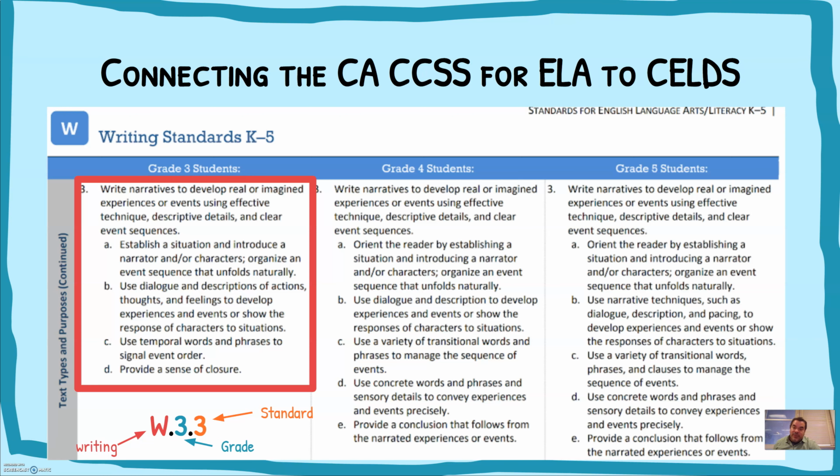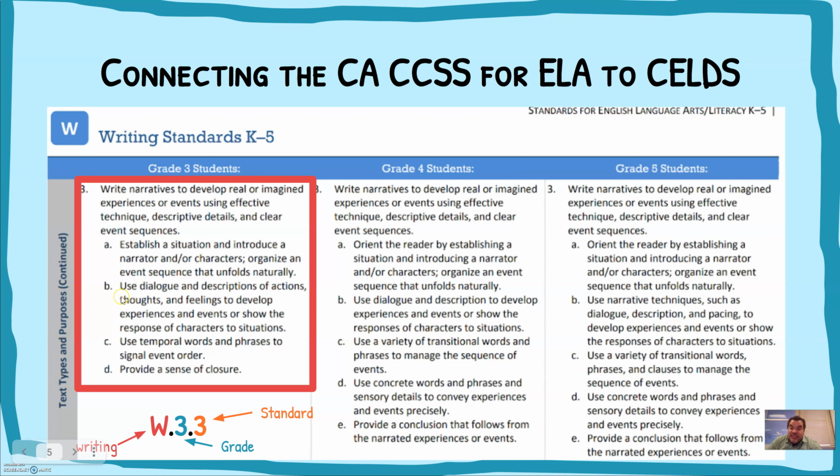Standard 3 reads, write narratives to develop real or imagined experiences or events using effective techniques, descriptive details, and clear event sequence. And we also have the substandards. A, establish a situation and introduce a narrator and or character, organize an event sequence that unfolds naturally.